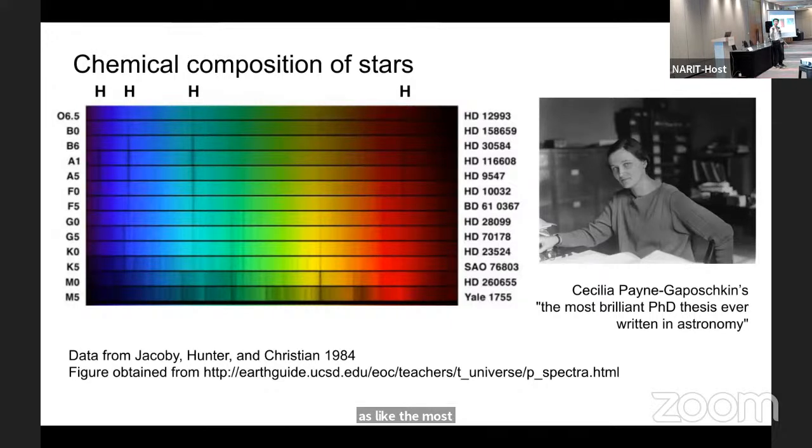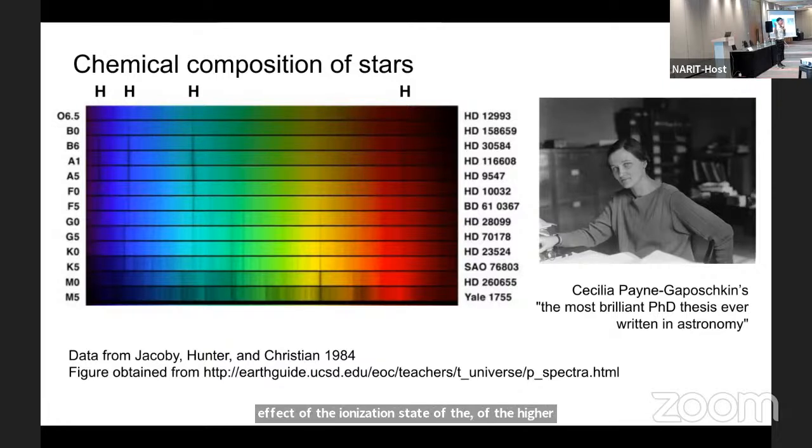And what she realized is that if you look at these spectra, you see the strength of hydrogen is at maximum around the A1 to A5 sequence, and then it gets fainter at both higher and lower temperatures. Initially people thought that this just means that A5 or A1 stars have more hydrogen. But what she figured out is that this is the effect of the ionization state of the hydrogen.